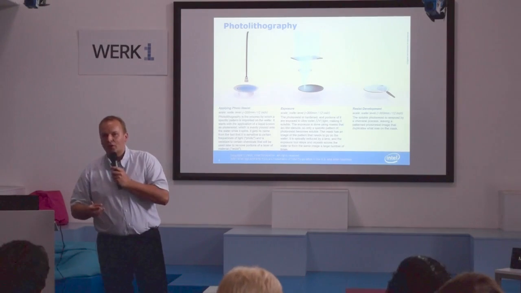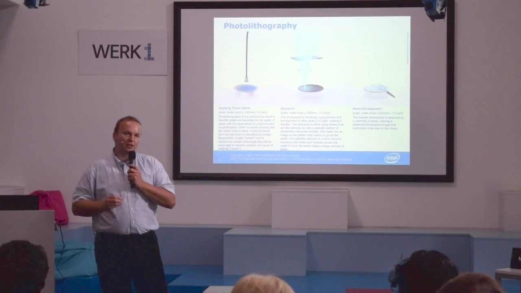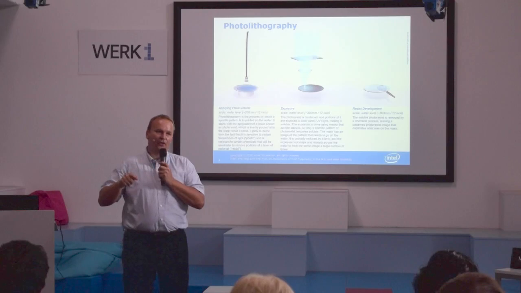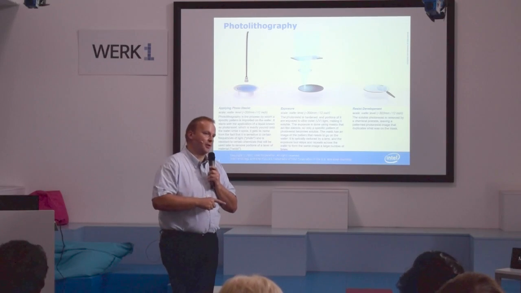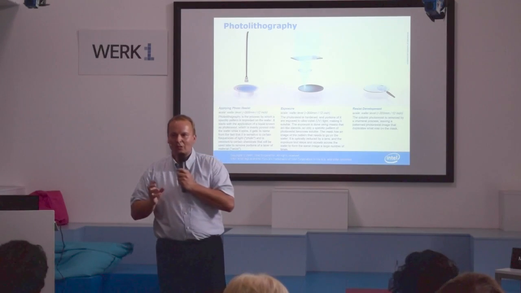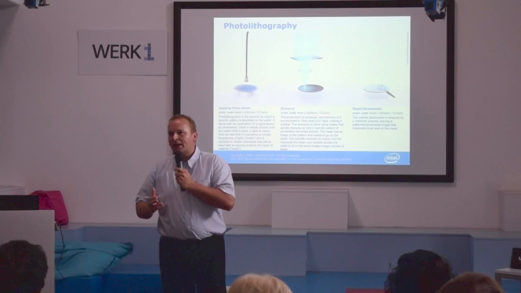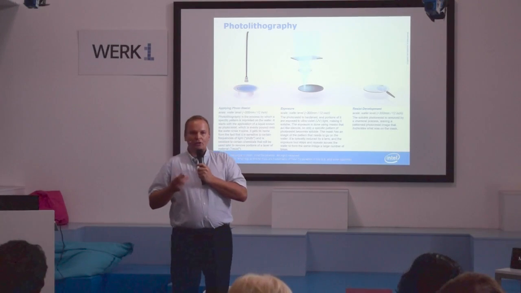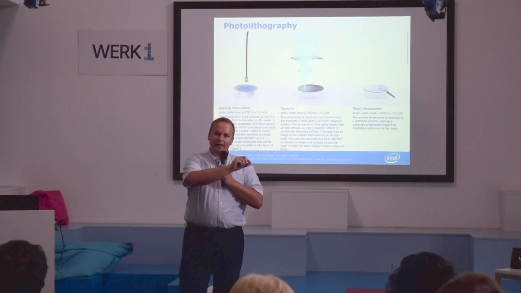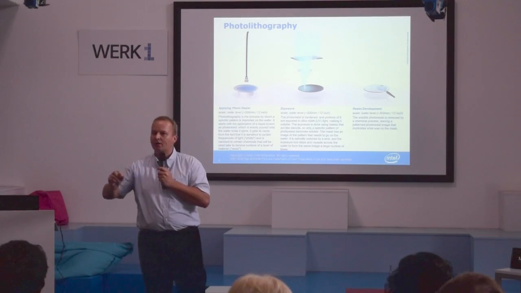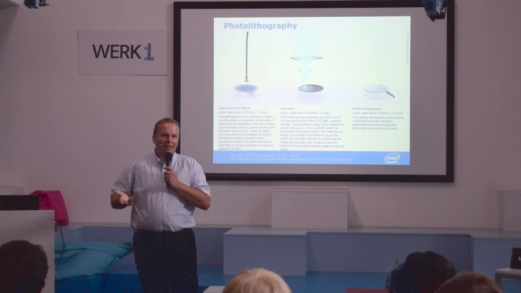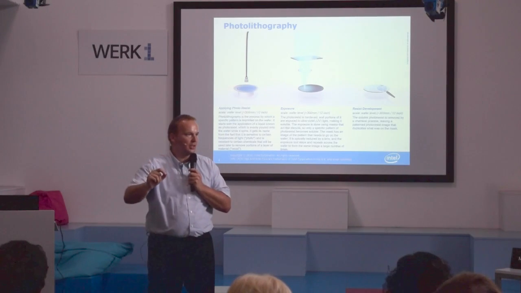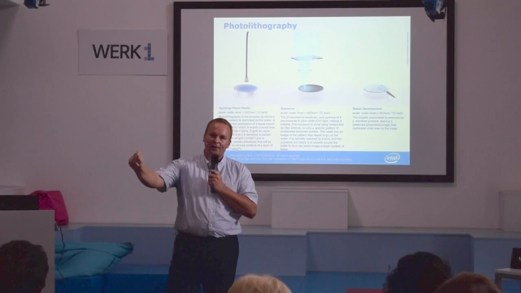But nowadays, we've gone down to such small structures that the structures are actually smaller than the wavelength of the light we're using. And that's quite a challenge. My comparison for that is, if you're supposed to draw a fine line on paper, you would certainly pick a thin pencil, maybe a 0.3 pencil, to draw this really fine line.